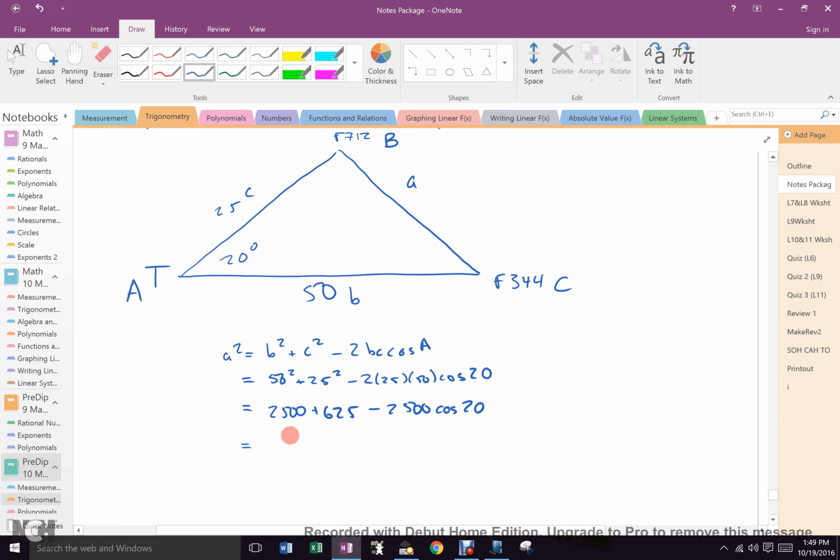Let's check. 625 minus cos 20. Square root. And we get 28. Is everybody cool?